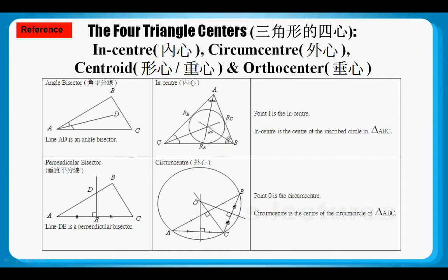There is a meeting point of these three angle bisectors, and this point is the center of the inscribed circle, as you can see here. If we have three perpendicular bisectors from the triangle, the meeting point will be the circumcenter, because I can use this center to draw a circle which just touches the three vertices of the original triangle.